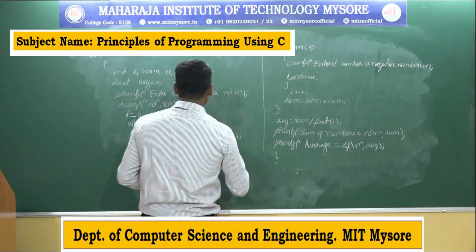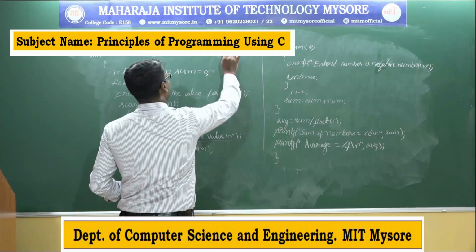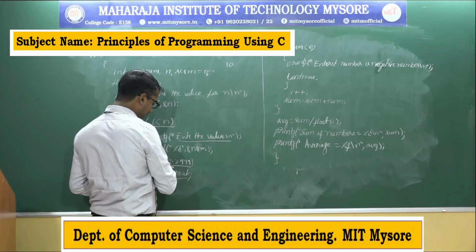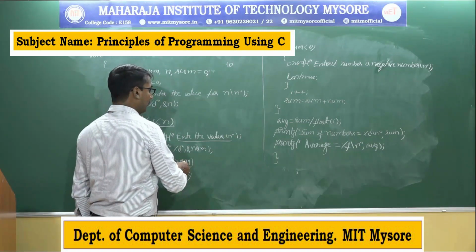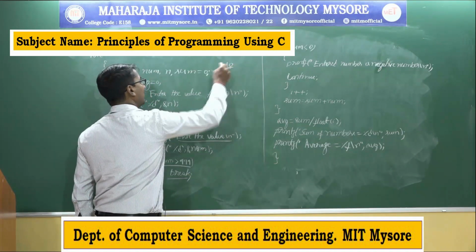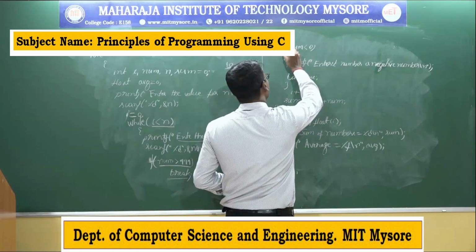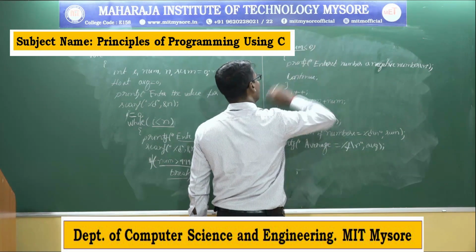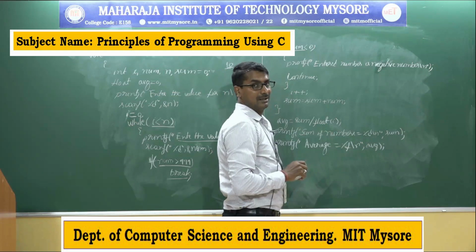Now consider total number of elements is 5. First I will enter the number 10. First it will verify whether the value of num is greater than 999. My entered number is 10, so the condition is false. It will then execute one more statement, num less than 0, to check whether the number is negative or positive.